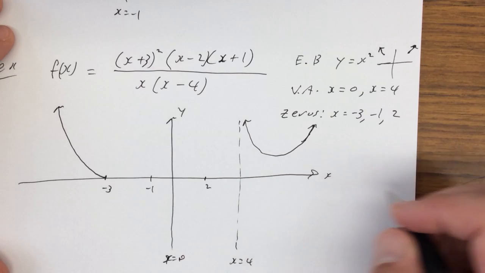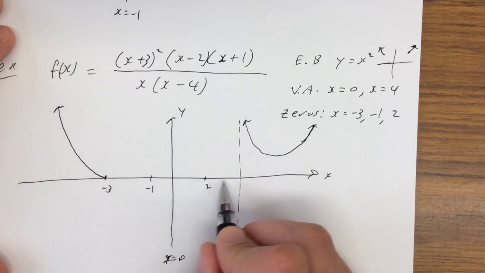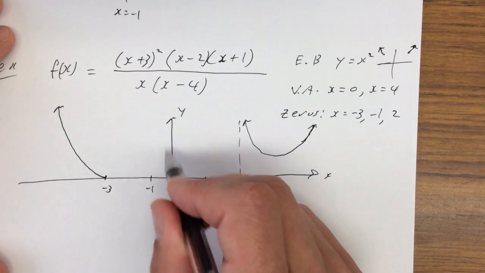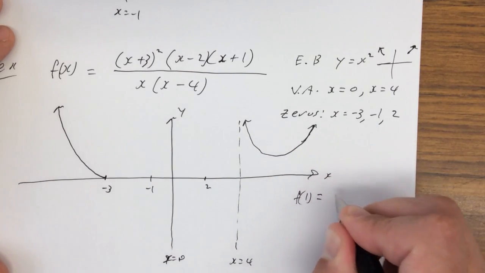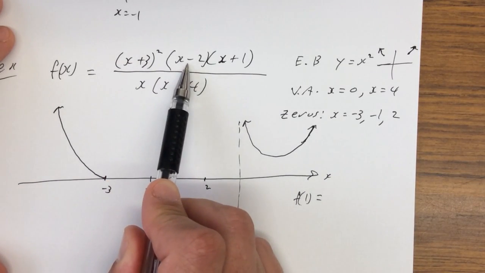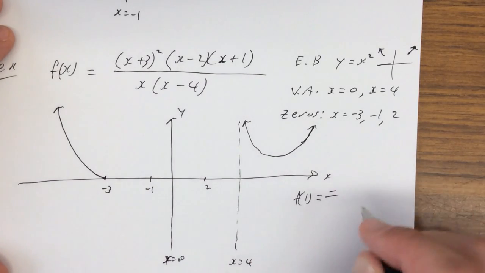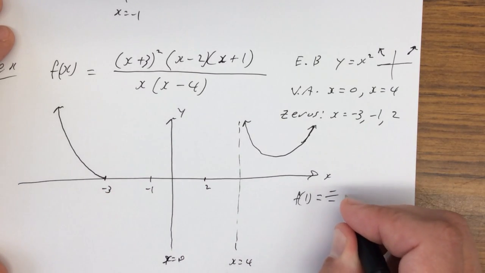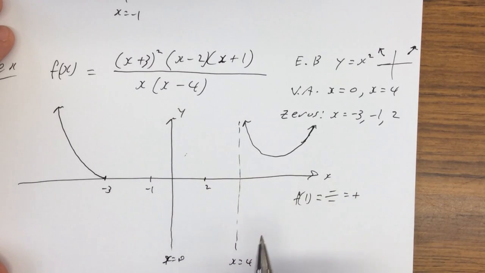So let's check some numbers here. So let's do on this side first here, f of 1 and f of 3 to see what happens at this 0. Maybe it touches and goes up or goes through and down. So let's try f of 1. So f of 1 we plug in here. That's going to be positive, negative, and positive. So the top will be negative. On the bottom, put in 1, we're going to get a negative. So that equals a positive. So f of 1 is up here somewhere.